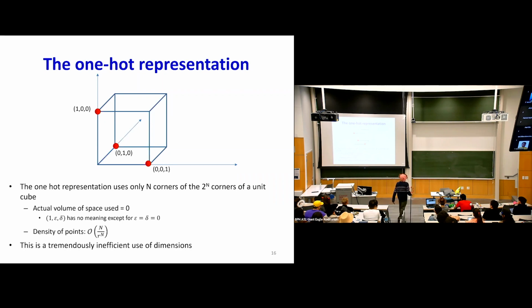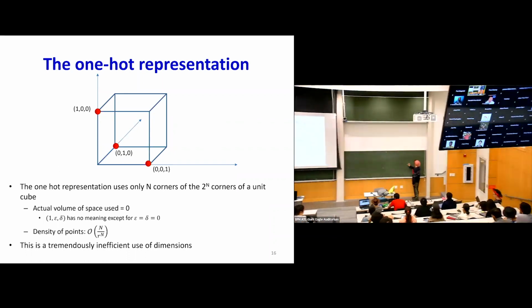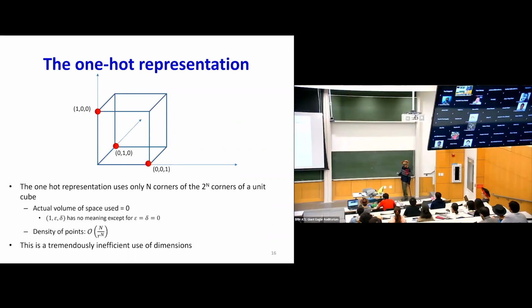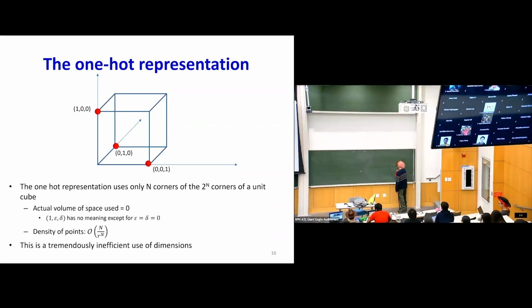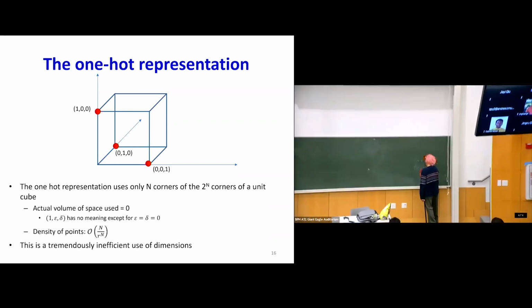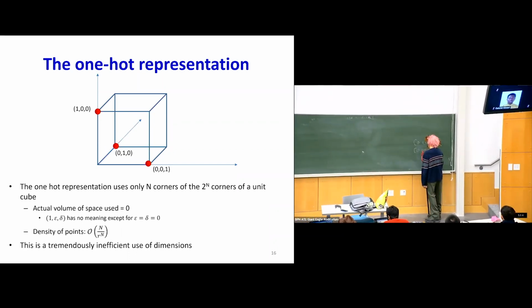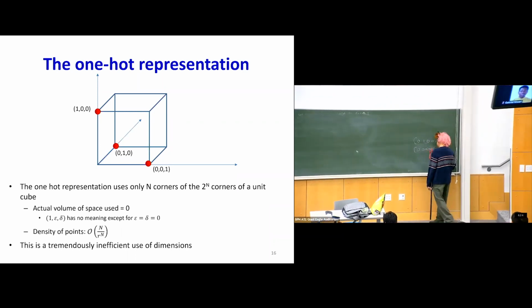And here's the worst part of it, right? If I have a one-hot vector of this kind, 0, 1, 0, 0, 0, this represents some word, right? But what about this one? Does this represent anything?